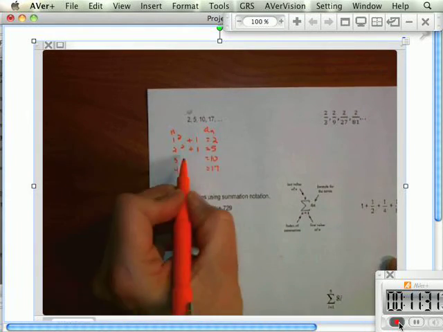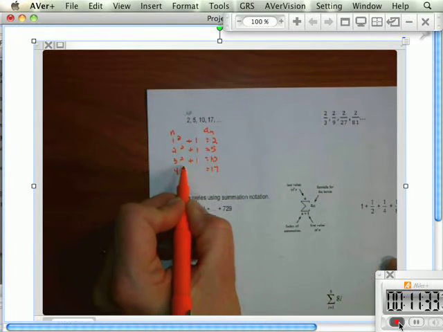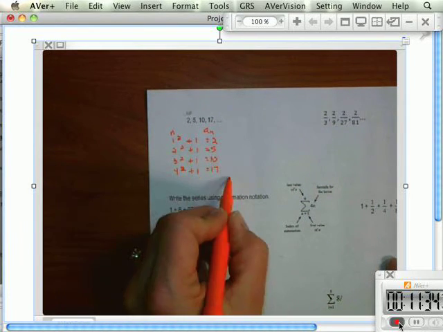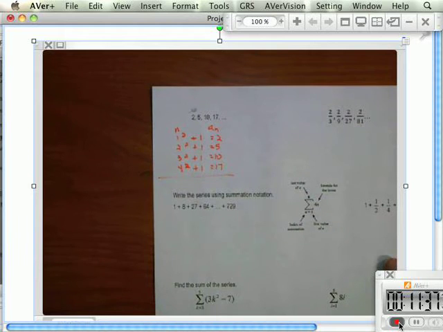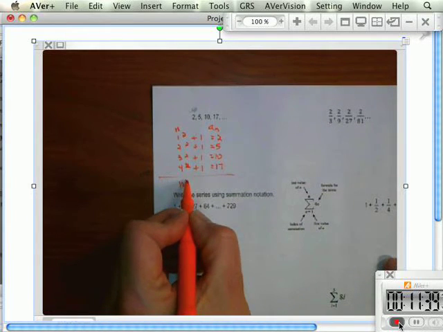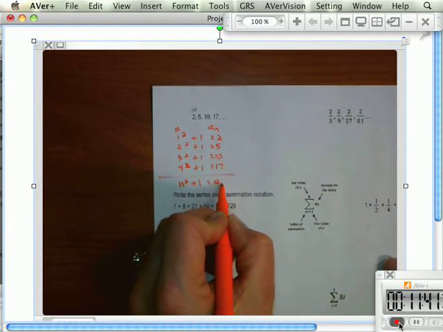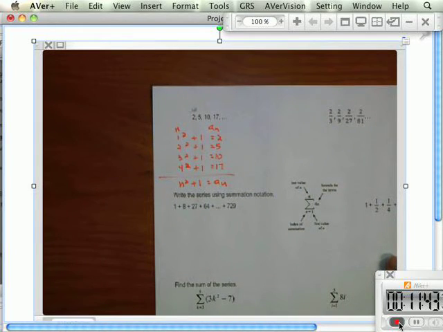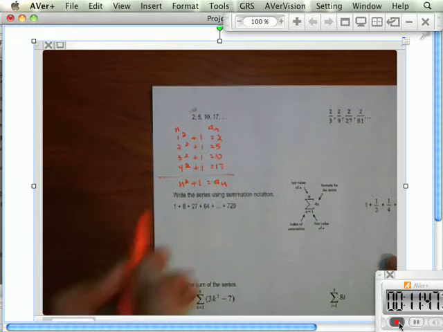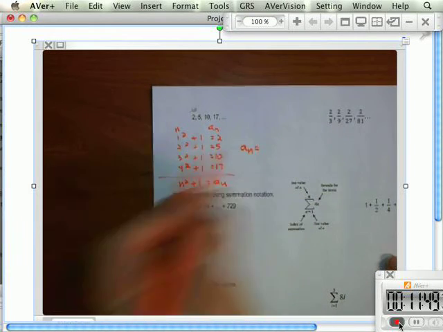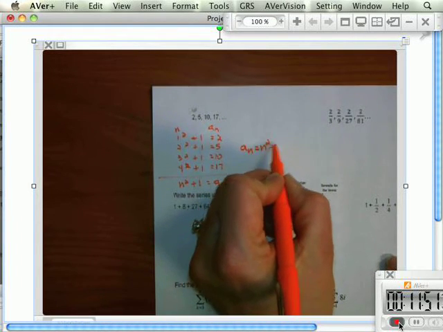It's going to work all the way down. 3 squared plus 1, 4 squared plus 1. So I'm going to write that now substituting with n and a of n. n squared plus 1 equals a of n. Okay? We won't do the 1, 2, and 3. We'll just write the function correctly here. a of n equals n squared plus 1.